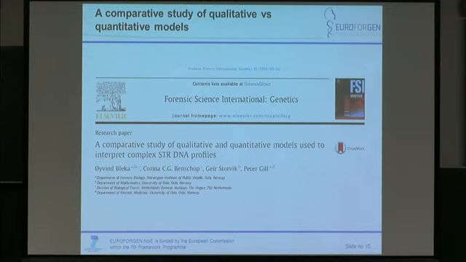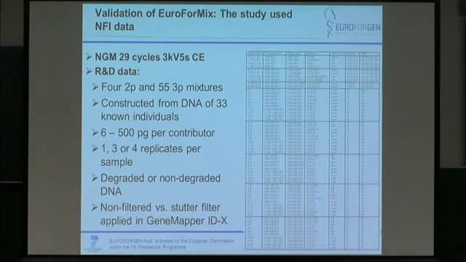And we've used this model to carry out a comparative study of qualitative versus quantitative models, which is published in this paper. To do that, we collaborated with the NFI, who gave us access to a lot of data that consists of primarily 2-person and 3-person mixtures from 33 known contributors.